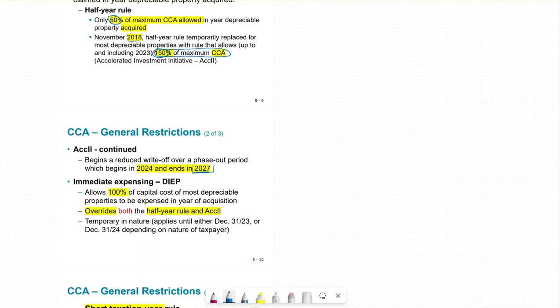It began in 2018 when we introduced the Accelerated Investment Incentive, so the ACC double II stands for that.